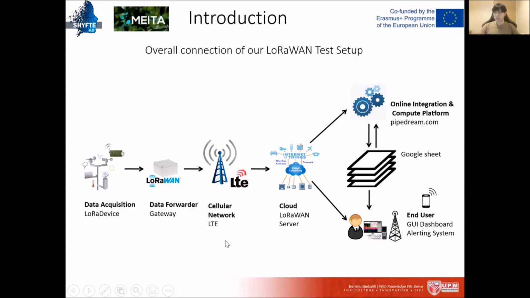All this data will be collected at the cloud LoRaWAN server, and from this cloud, we will do an online integration and compute platform using Pipe, and then store all the data collected from this LoRa network into the Google Sheet. That is what we're going to learn today using a very brief example.